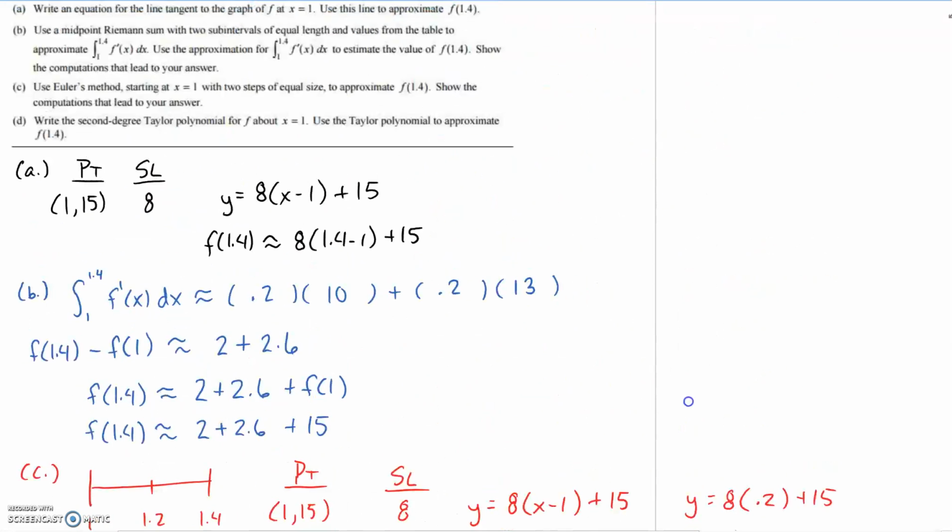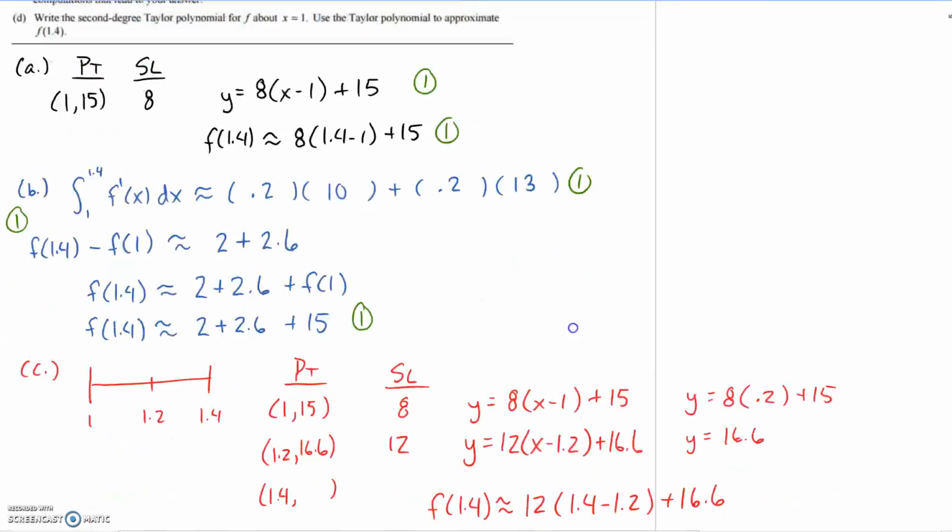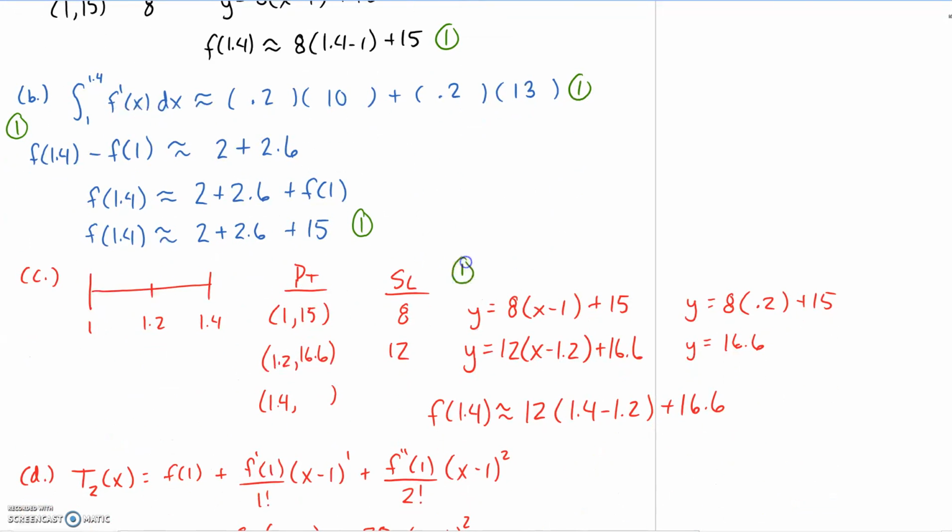The points here: the first point came from writing the equation of the tangent line. The second point came from using the equation of that tangent line to approximate f of 1.4. A point for writing the midpoint Riemann sum. 1 point for recognizing that we had to use the first fundamental theorem of calculus to get f of 1.4 minus f of 1, and then that final answer, which is our approximation for f of 1.4. 1 point for using Euler's method.